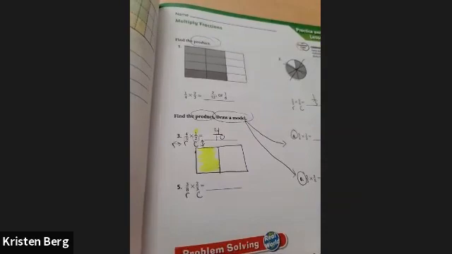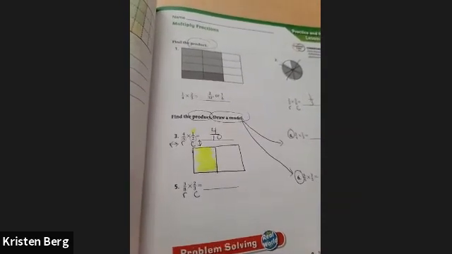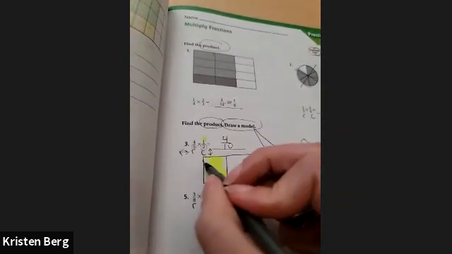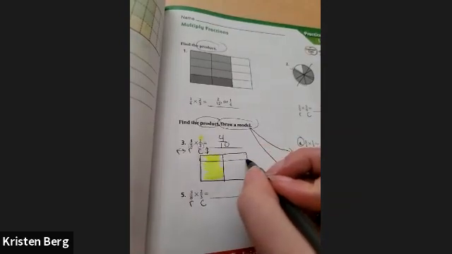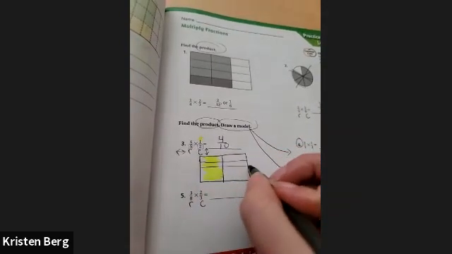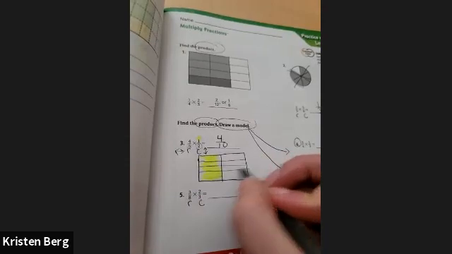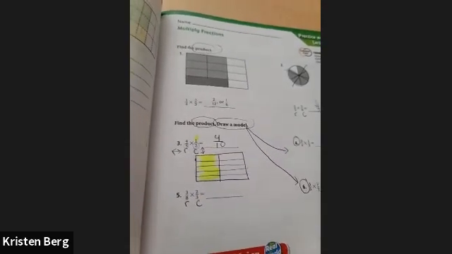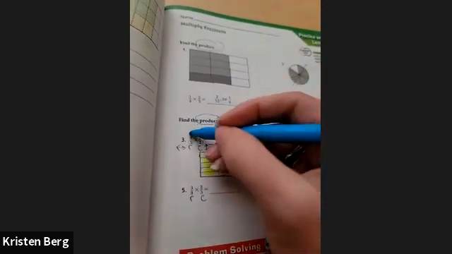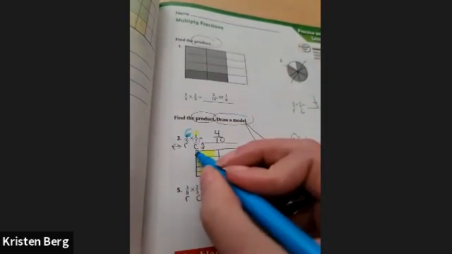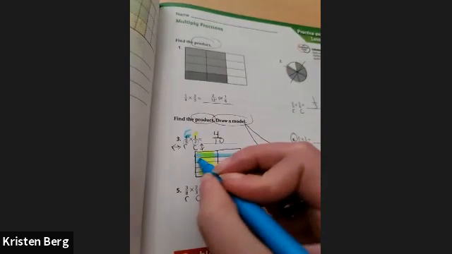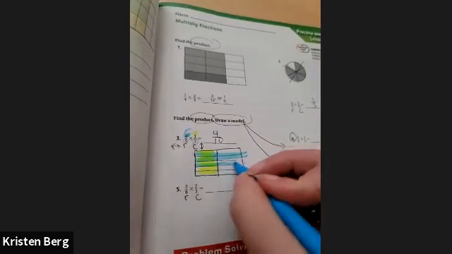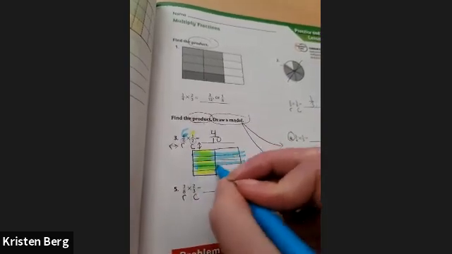And then your next one is telling you how many rows. So that is 5 rows. So 1, 2, 3, and 4. And how many of those need to be shaded? It is 4 of those. So if I go across, that'll be 1, 2, 3, and 4.